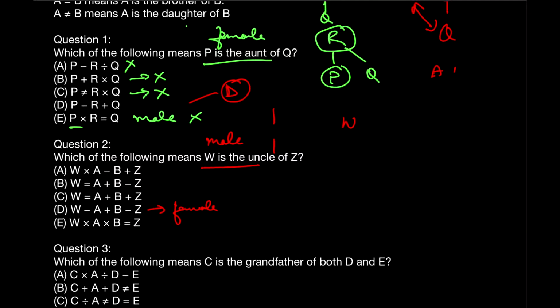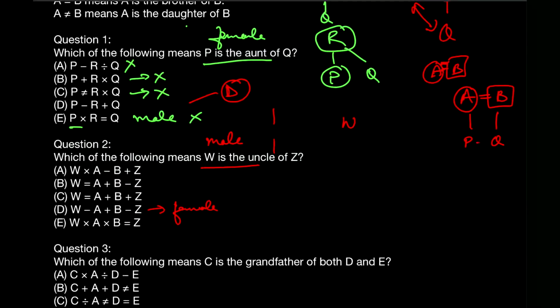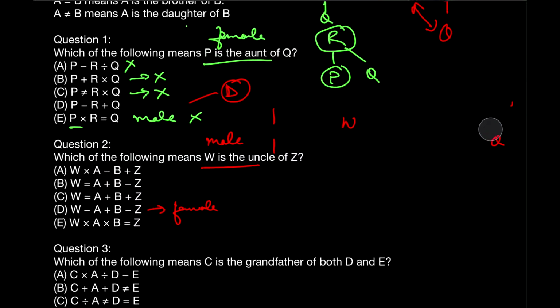So if A and B are the couple, I will denote them with an equals to, like double horizontal straight lines. This equals to this, okay, to denote that they are a pair and they are having two kids. So only these two kids will be called siblings, denoted by a single line. If I am talking about a cousin, then cousin will be someone born out of a different set of parents. Okay, so that's an important takeaway. Remember this while solving the questions.